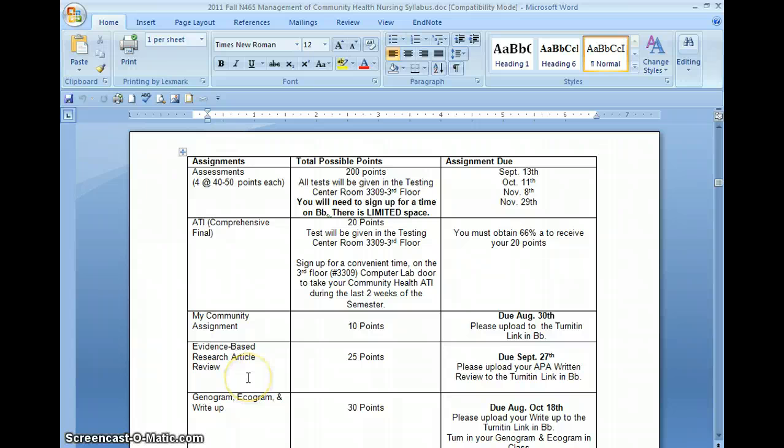They'll have an evidence-based article to turn in. This is something that Professor Rudiger and I will be grading. They'll have a Turnitin link, but you're more than welcome to check that out also.